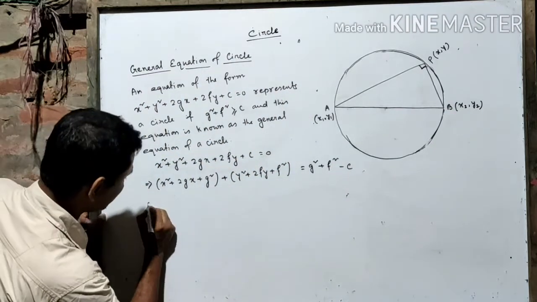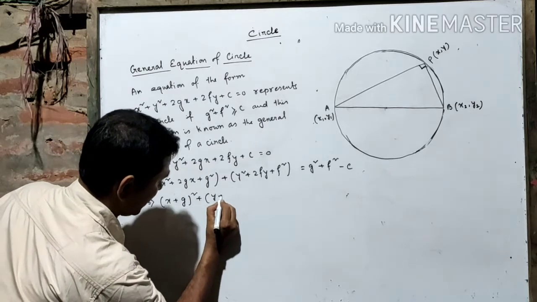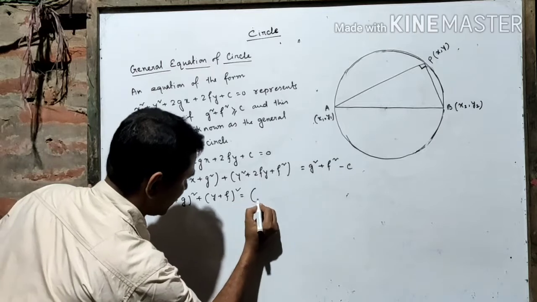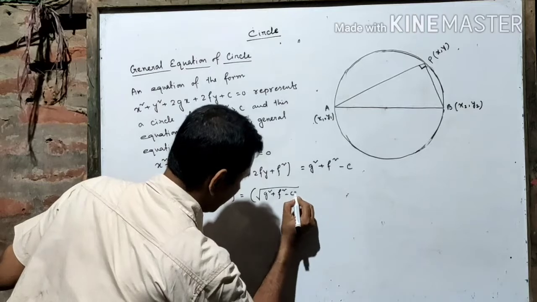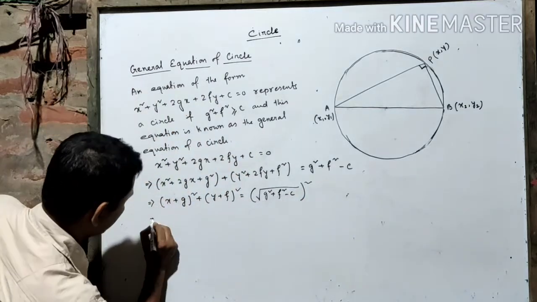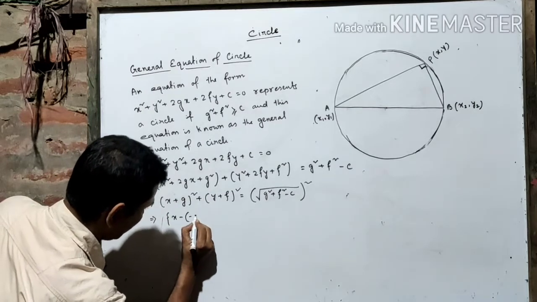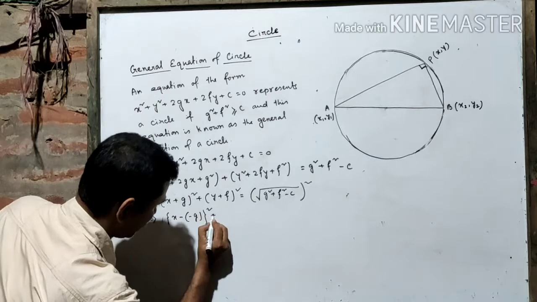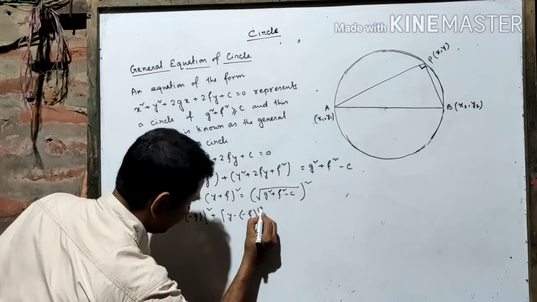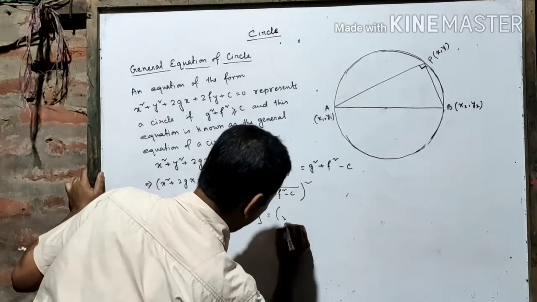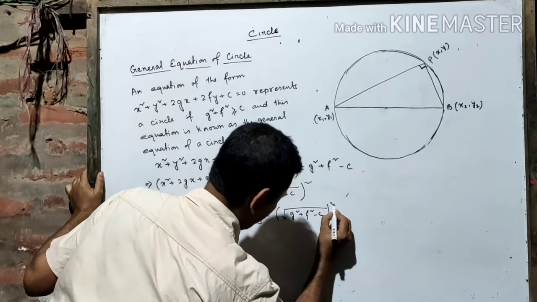Now this takes the form (x plus g) whole squared plus (y plus f) whole squared is equal to (root over g squared plus f squared minus c) whole squared.